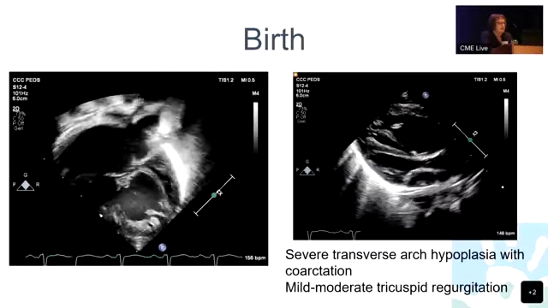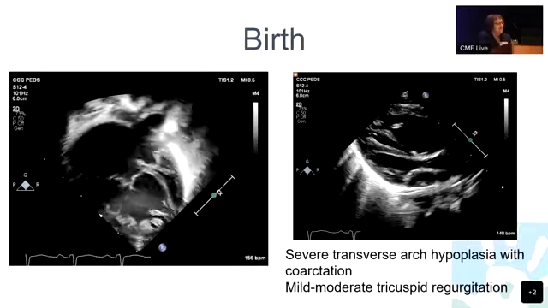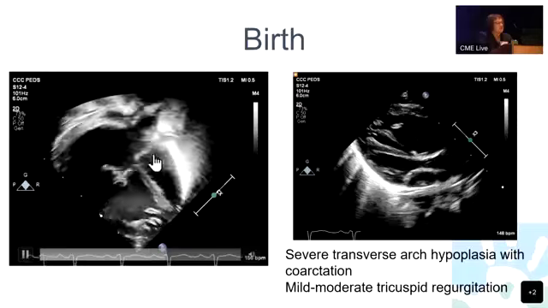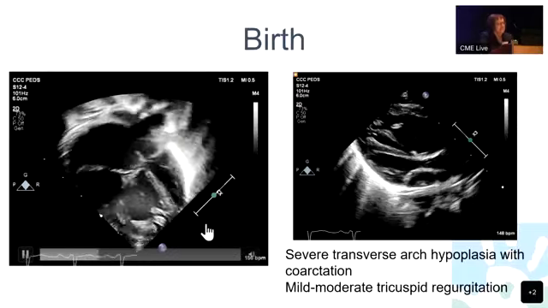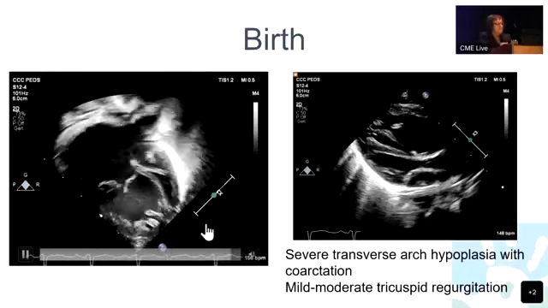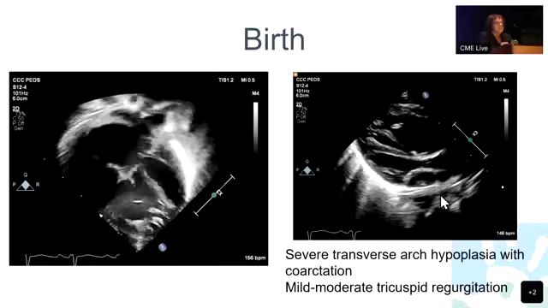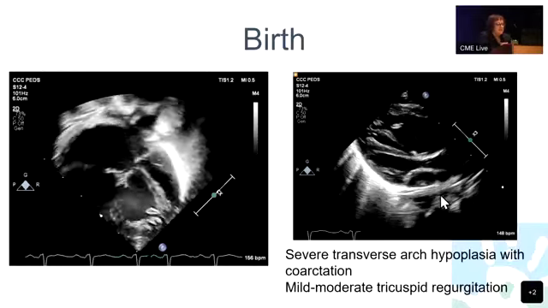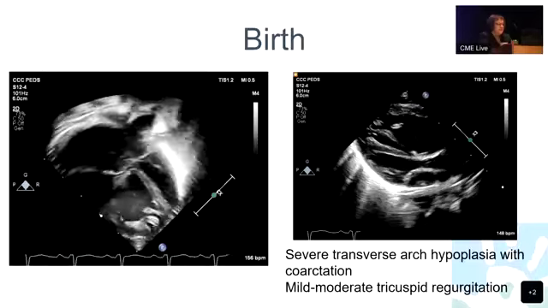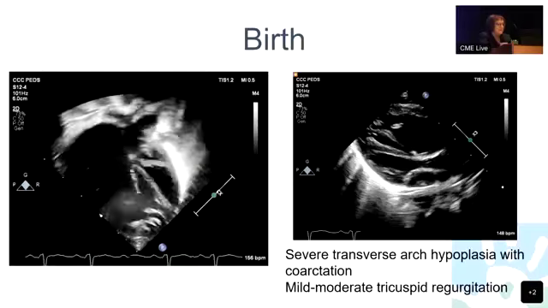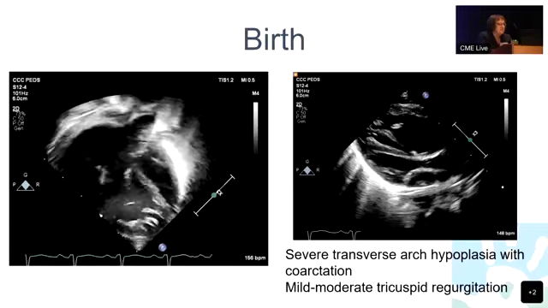At birth, the heart looked pretty similar to how it did in the fetus, with this sort of long, skinny left ventricle that has some significant hypoplasia to it. The aortic annulus was again moderately hypoplastic as well, and there was severe transverse arch hypoplasia with a critical coarctation and mild to moderate tricuspid regurgitation.